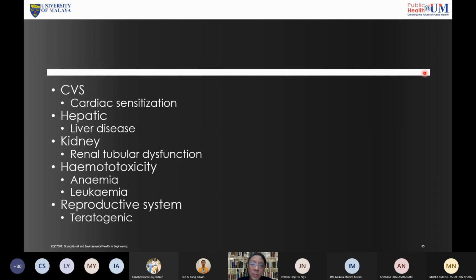Anemia is basically a decrease in red blood cells and a decrease in the capacity of your red blood cells. And reproductive, we have teratogenicity. Teratogenicity affects the unborn baby, so we call it teratogenicity. So if you look at it from the whole perspective, it actually affects every organ in the body, to a certain extent, and it affects each organ through the inhalation process.